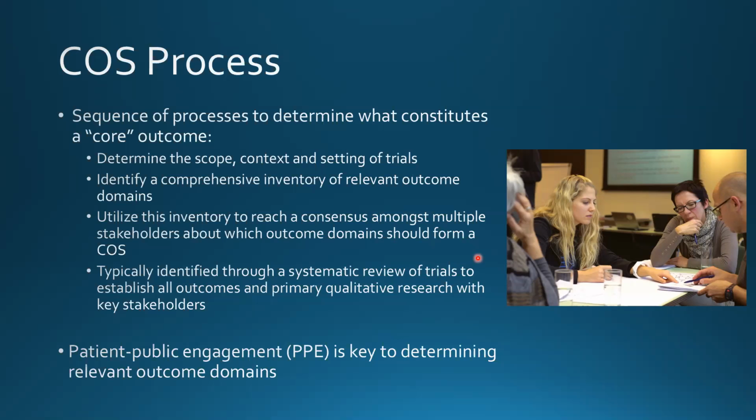And you bring all of that into the consensus development process for core outcome set development. So obviously, patient and public engagement is key to determining relevant outcome domains. The trials will give a certain perspective, but you also need that perspective from patients or members of the public, caregivers, for example, about what's important, what should be measured in trials.